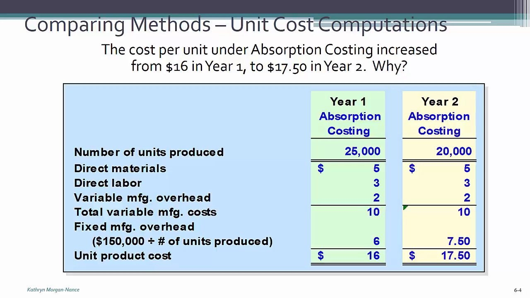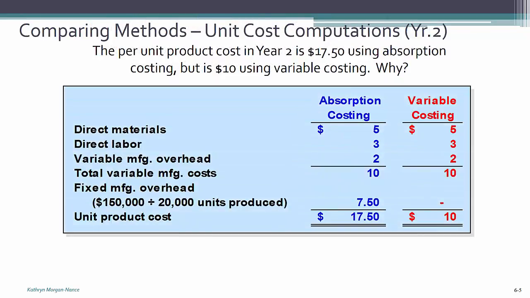And finally, while we're examining cost, please notice that the variable costing per unit cost is the same as year 1. It's still going to be $10, and we'll see those next, that under variable costing, changes in production volume have no impact on cost.